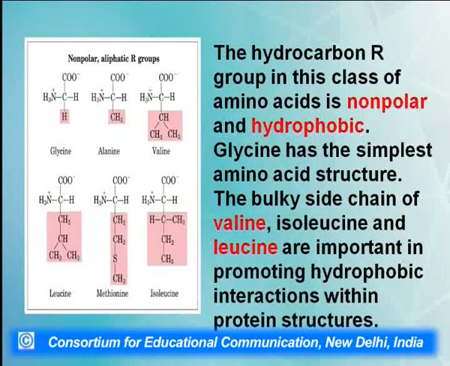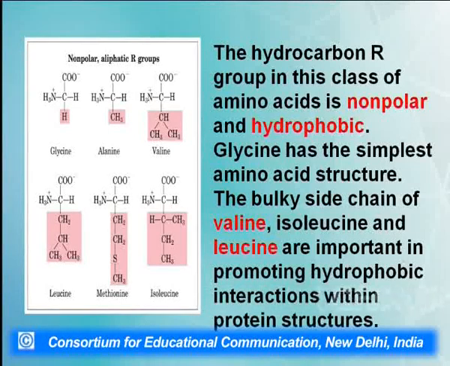Then we have isoleucine, and if you look into the structure of isoleucine, we talk of leucine, then what we find is that in leucine, the group present here is an isobutyl group. And the next amino acid is again methionine, which has an S-methyl group on it.